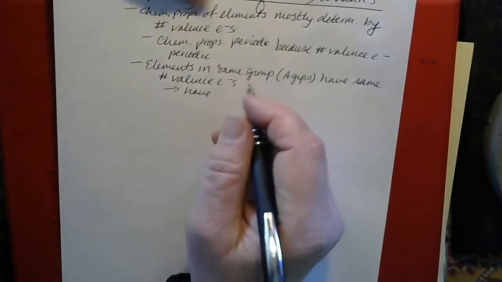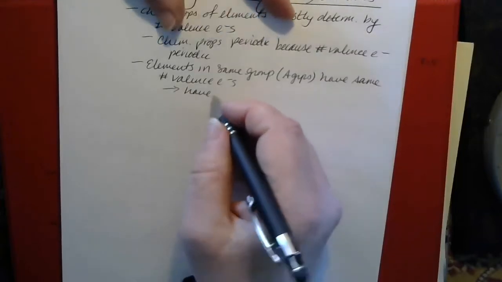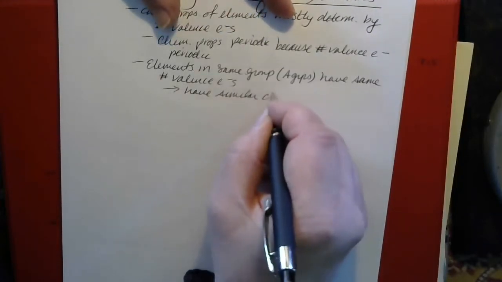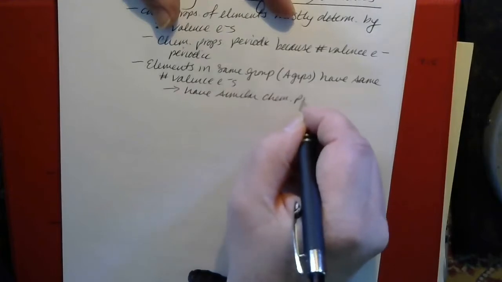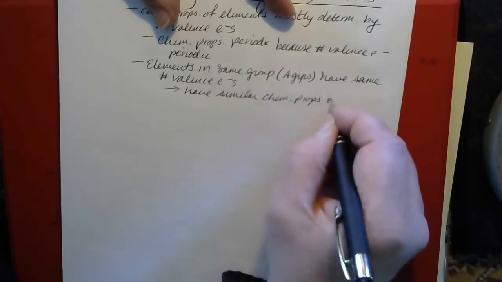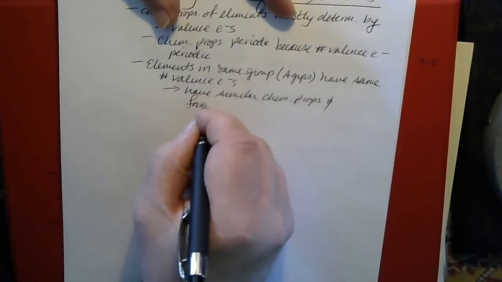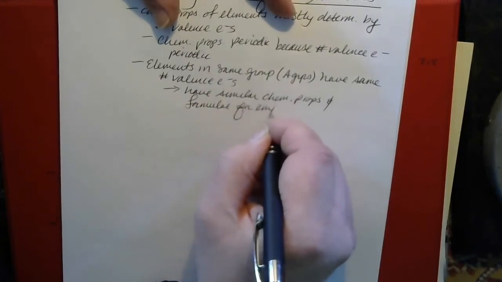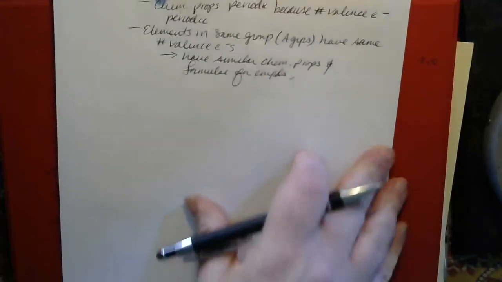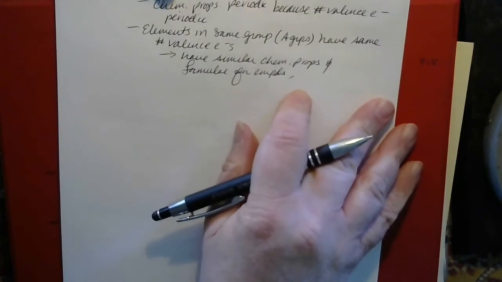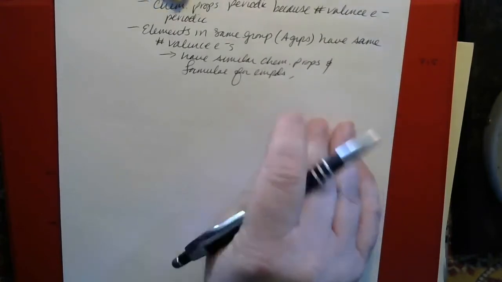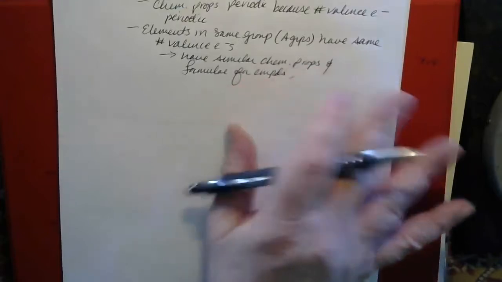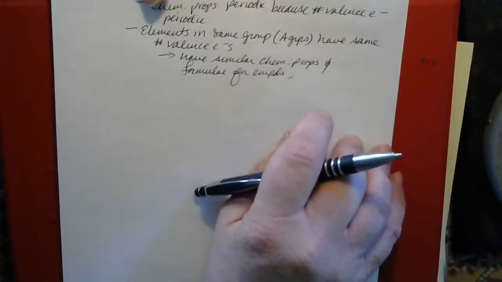And that means that they have similar chemical properties. And they tend to form compounds with the same formulas as each other. They tend to combine with other elements in the same ratio for elements within the same group.